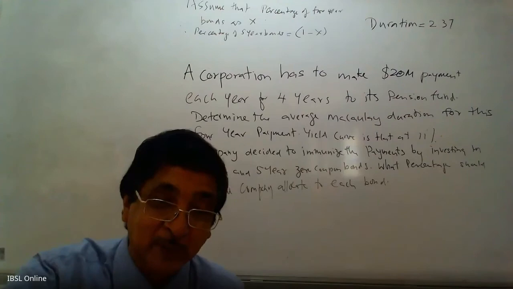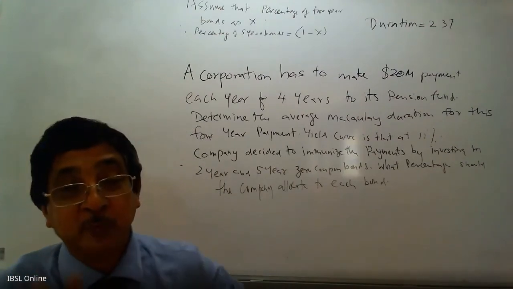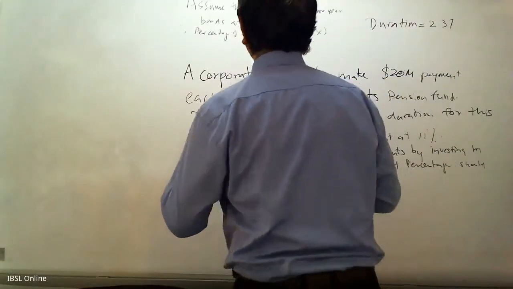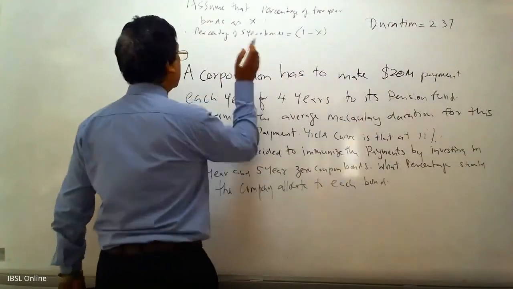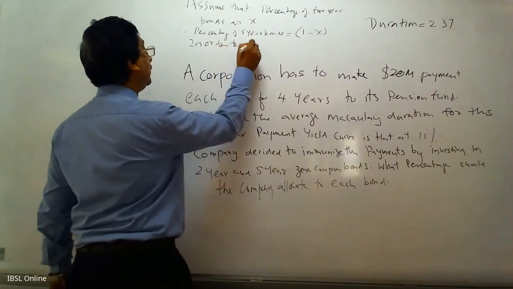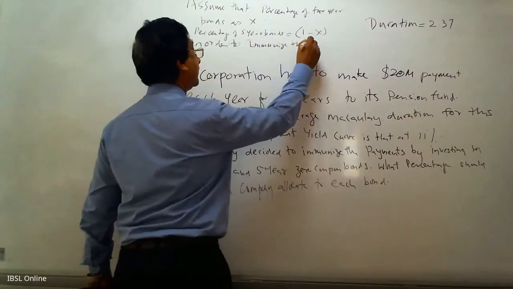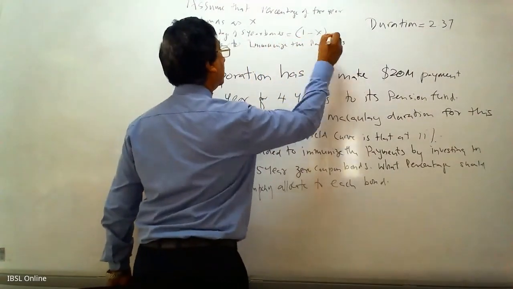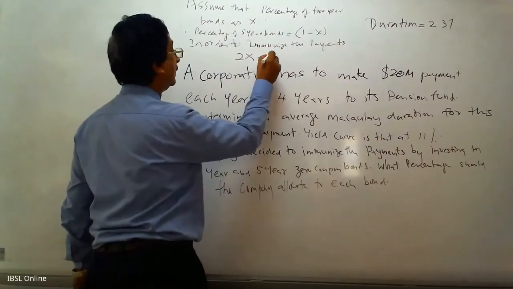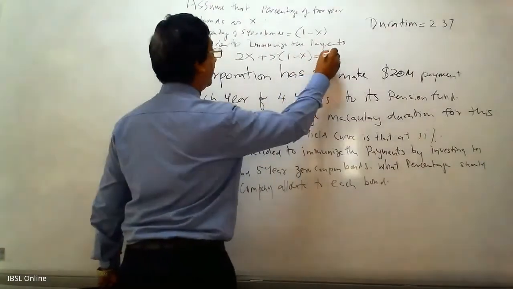It should be equal to 2.37, right? In order to immunize the payments, 2X plus 5(1 minus X) should be equal to 2.37.